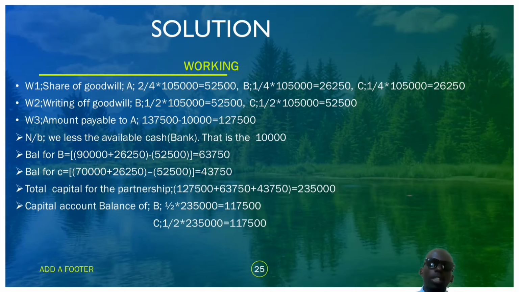From there, the second question is now, what amount will A bear, what amount will B bear, and what amount will C bear? And the answer is very simple. They'll bear according to the new profit sharing ratio, that is 1:1.